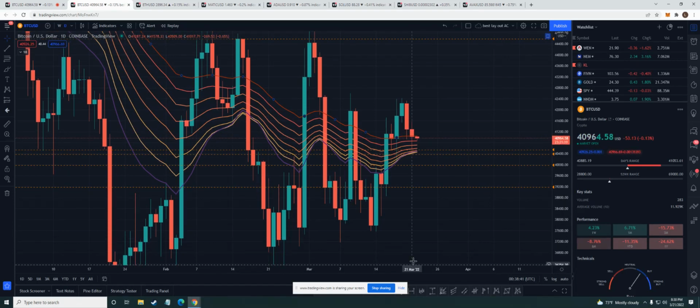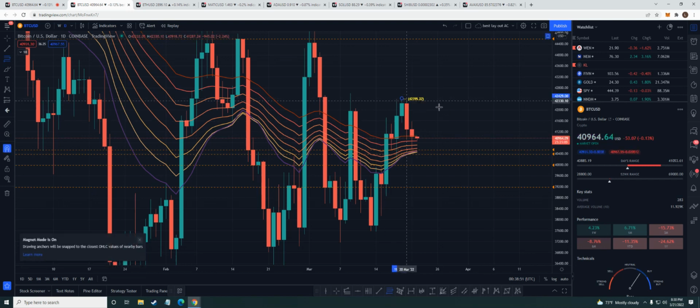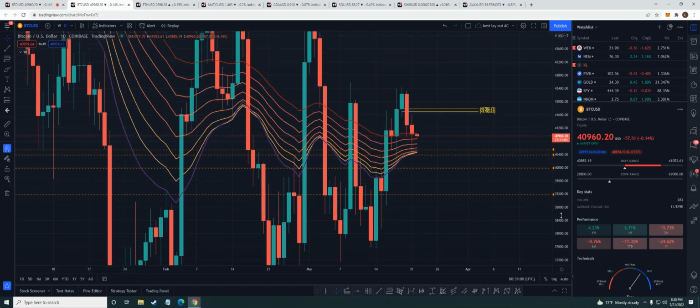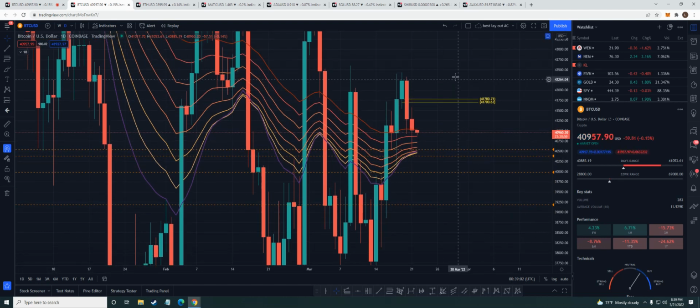If we can pull up a fib from high to low right now, currently as we speak would be from here. Let me get a lock. And then I'm going to draw the triangle so you guys can see that. So let's break this area right here, this 41,700, 41,800 area on a higher time frame. And then maybe we could push back above these highs.